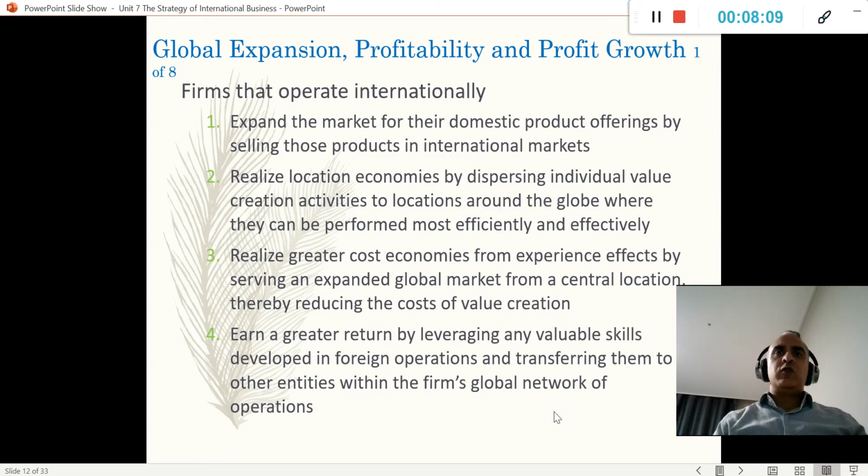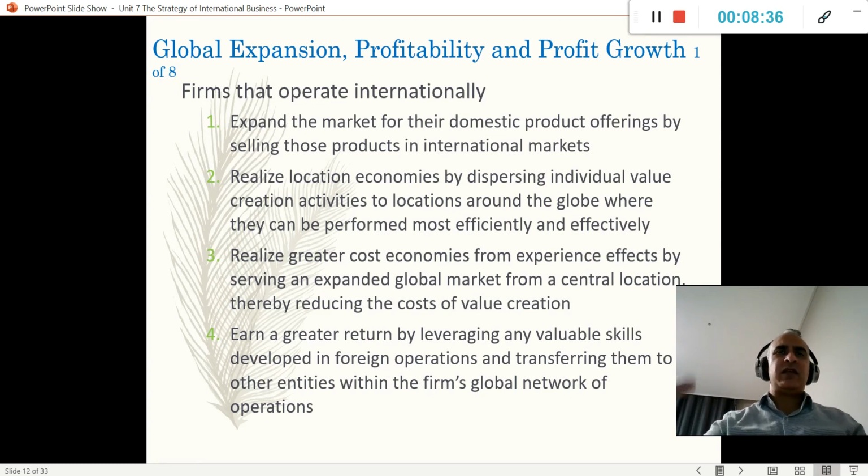We also understand that companies put their products abroad because they realize there are location economies. That means that regionally I can put my products in a certain way because I can reach that market, and I can put that product in a good way. Okay. We also realize greater cost economies from experience effects.